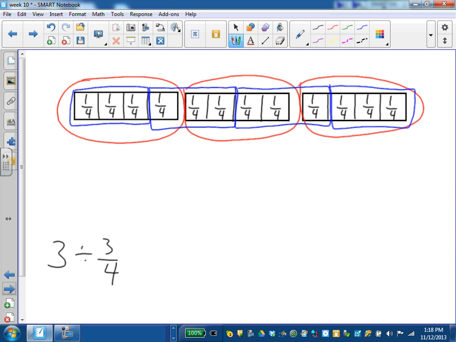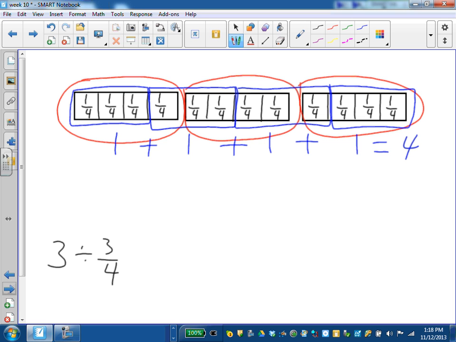So how many equal groups did I get when I divided 3 by 3/4? I got 1 equal group, plus another equal group, plus another equal group, plus another equal group. So I got 1, 2, 3, 4 equal groups. Okay?